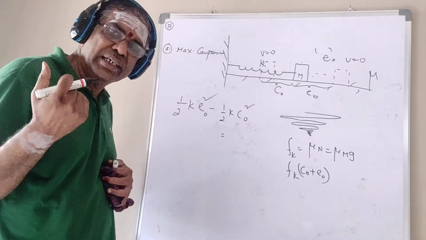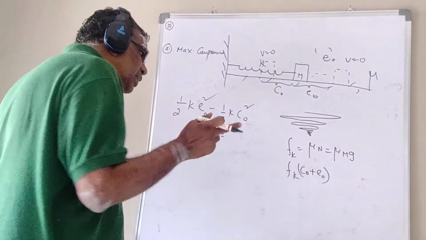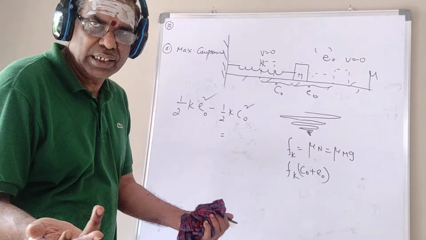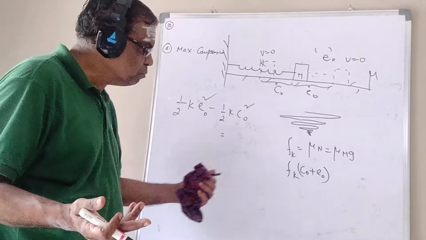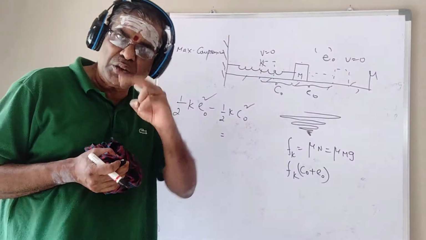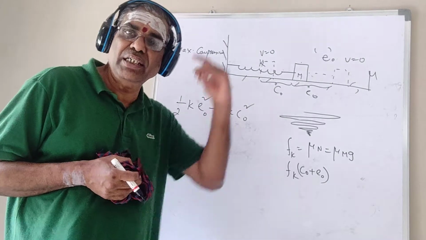Therefore, I can say the work done by spring force and the work done by frictional force total is equal to the change in kinetic energy. Either way you can look at these two possibilities: work done by spring, work done by friction, change in kinetic energy.